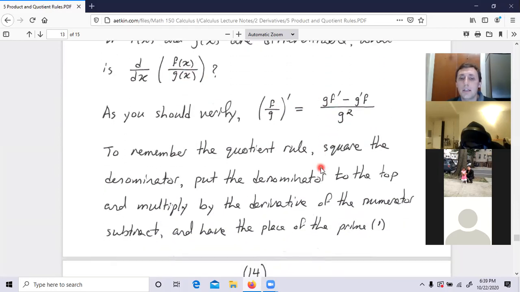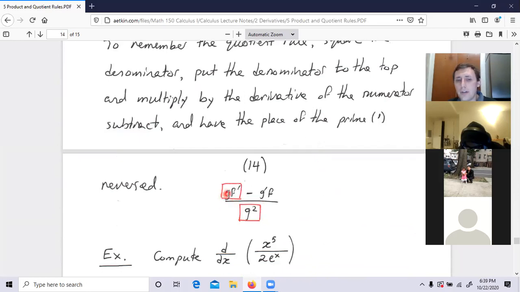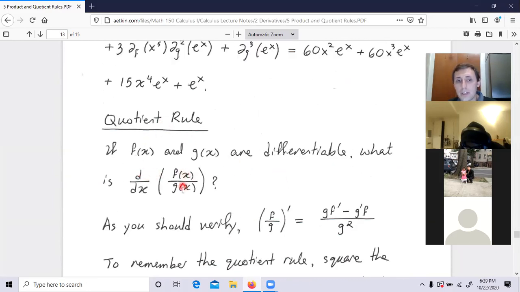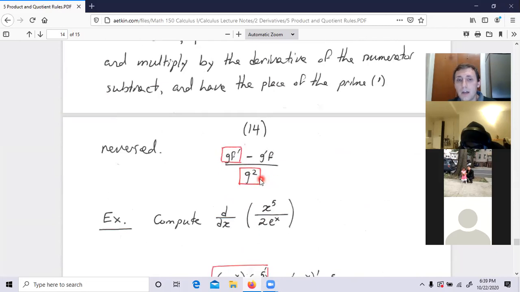You see, guys? The derivative of a quotient, if you have one function dividing another: you take the denominator and square it. Square the denominator. Good? Then copy the denominator and multiply by the derivative of the numerator. Just remember this step. Then you have minus, and then the derivative of, they are reversed. You understand?